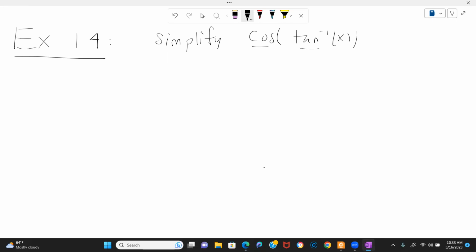So let me see, I don't know if I like the way the book is doing it. All right, what I'm going to say is, remember, the inverse trig functions give you angles. So let theta equal tan inverse of x.